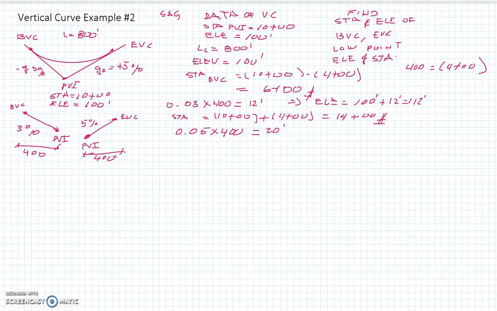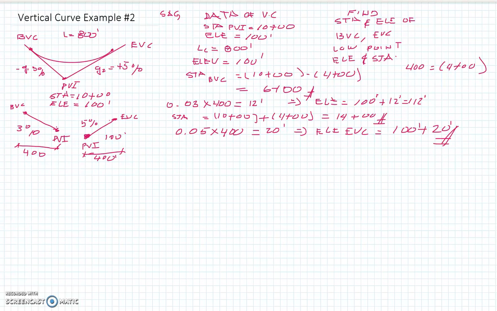So my elevation here is 100, and I add what I rose, so the elevation for the end of the vertical curve will be 100 plus 20, and I get 120.